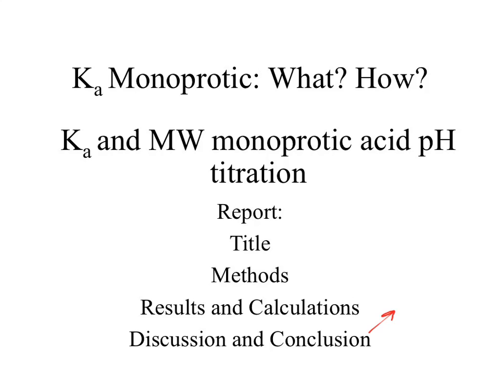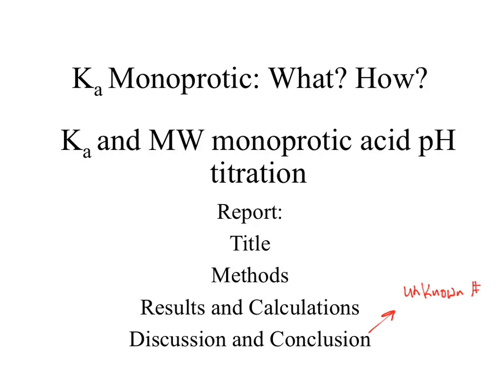But molecular weight, we could throw all sorts of things at you. So the molecular weight may be massive, it may be really small. Okay, so you wouldn't know that unless you actually asked me for the results. So for the discussion and conclusion, you're going to need to tell me what your unknown number is. In fact, I can tell you what your acid is today.